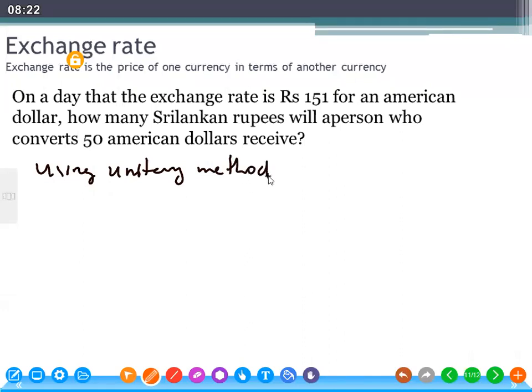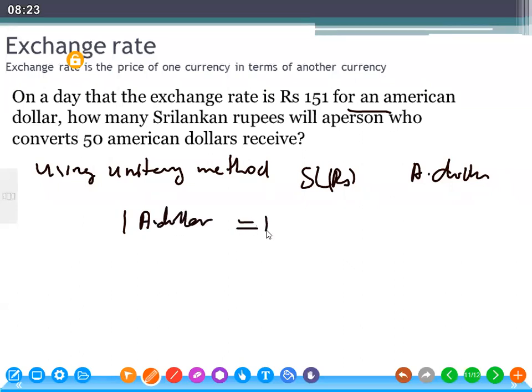So the exchange rate of an American dollar is in Sri Lankan rupees. There are two different quantities, that is Sri Lankan rupees and the American dollar. Here, one American dollar is equal to 151 rupees.